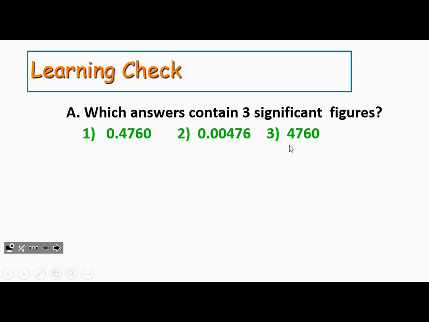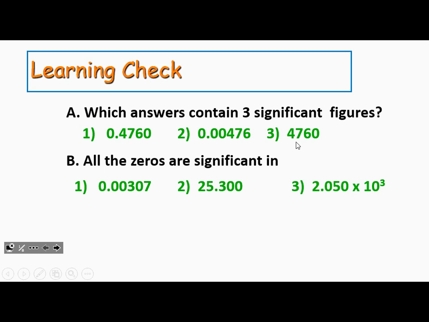What about right here, Kayla? Is there a decimal after that 0? We at least have 3 non-zero digits, so we have to decide if that 0 is significant or is a placeholder. It is a placeholder. If I put a decimal point behind it, it would make it significant. No decimal point, so that one is 3 sig figs also.